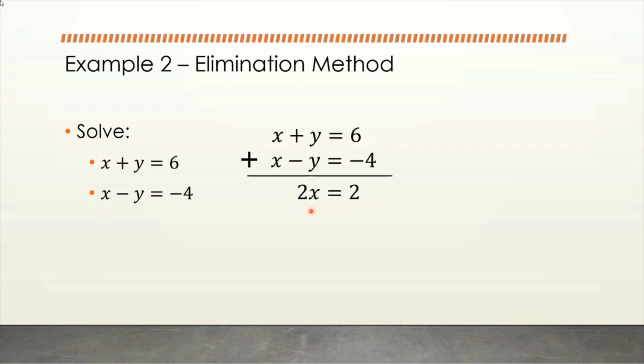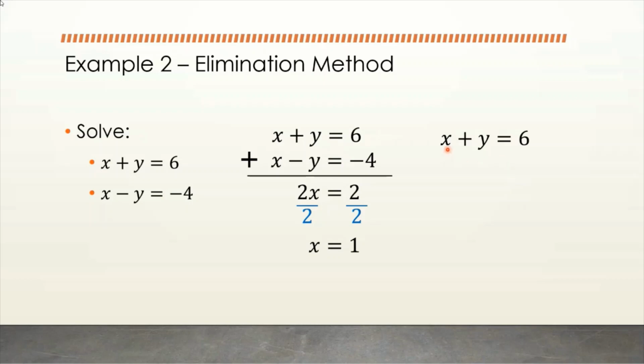Once you have that, you can just solve for x. You just divide both sides by 2, so you get x equals 1. Then you can do substitution. You can plug in 1 into either of these. I'm going to use the top because there are fewer negative numbers.